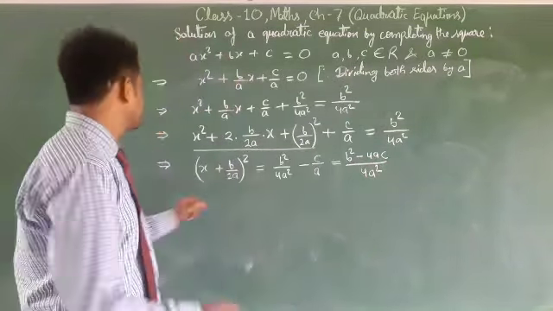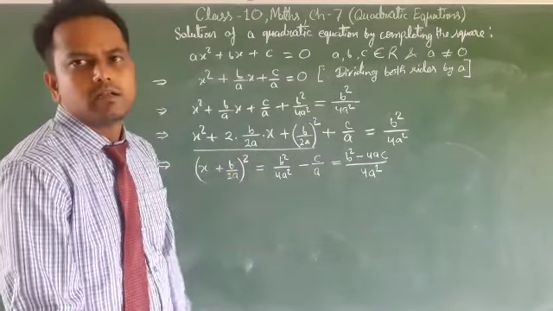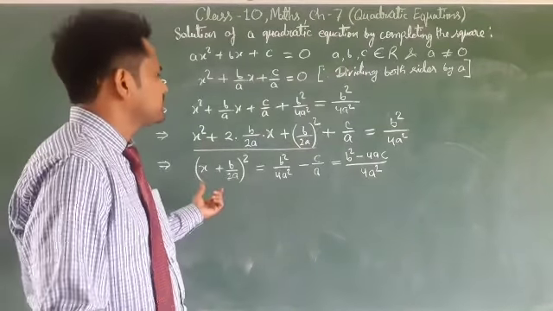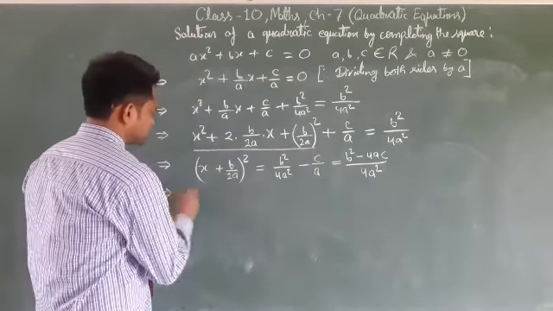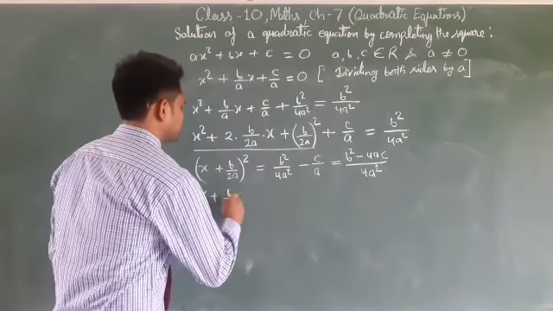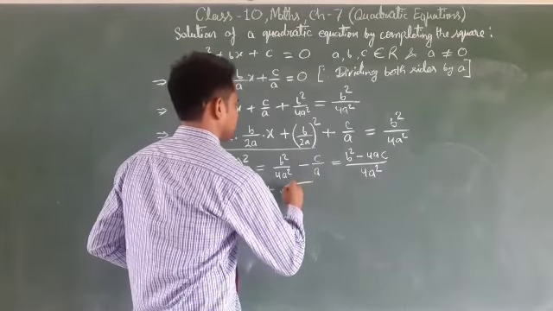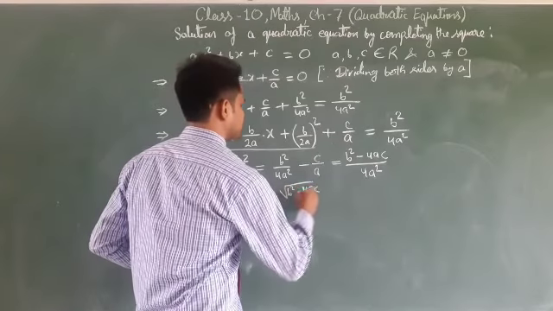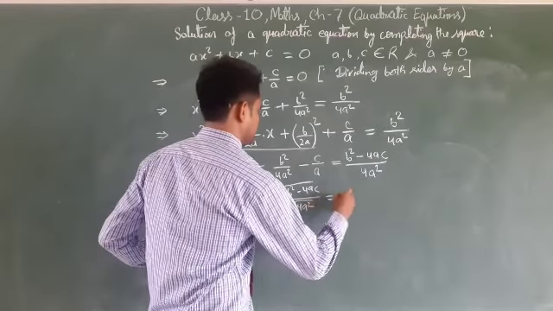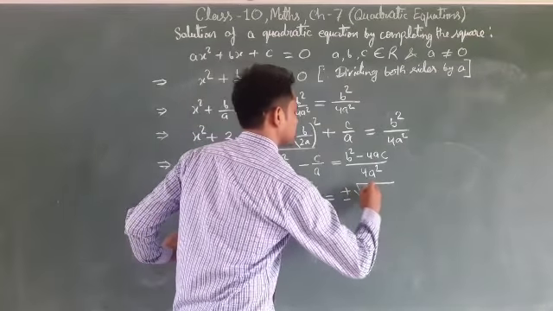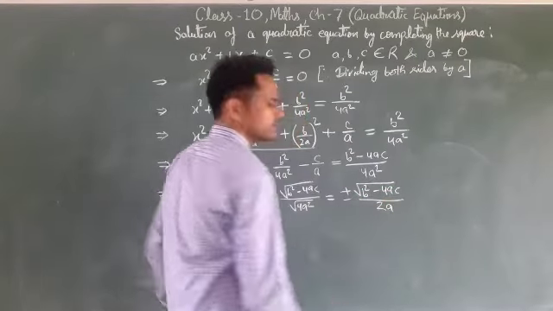Got it? So if we remove this square or take the square root on both sides, then you will get x plus b by 2a is equal to plus minus root of b square minus 4ac upon root 4a square, or plus minus root of b square minus 4ac upon 2a. Got it?